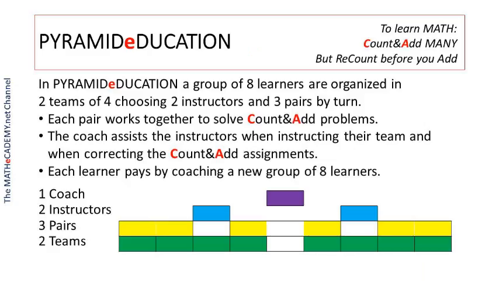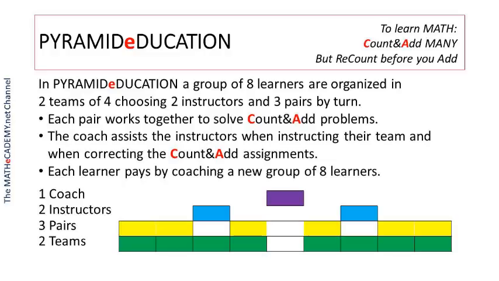In pyramid education, a group of 8 learners are organized in 2 teams of 4, choosing 2 instructors, and 3 pairs, by turn. Each pair works together to solve count and add problems. The coach assists the instructors when instructing their team, and when correcting the count and add assignments.